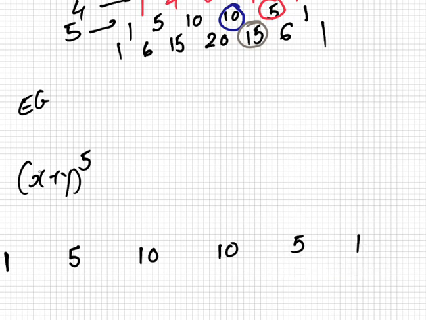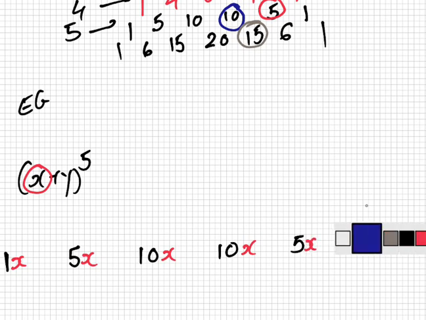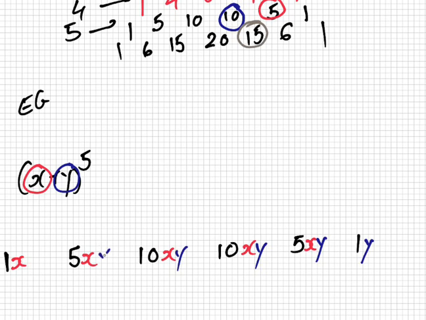Then you take the first number here and write it in. x, x, x, x, x, except at the end. Because at the end, you take the other number, y, and write that at the end. y, y, y, y, and y. And then we start with the power.